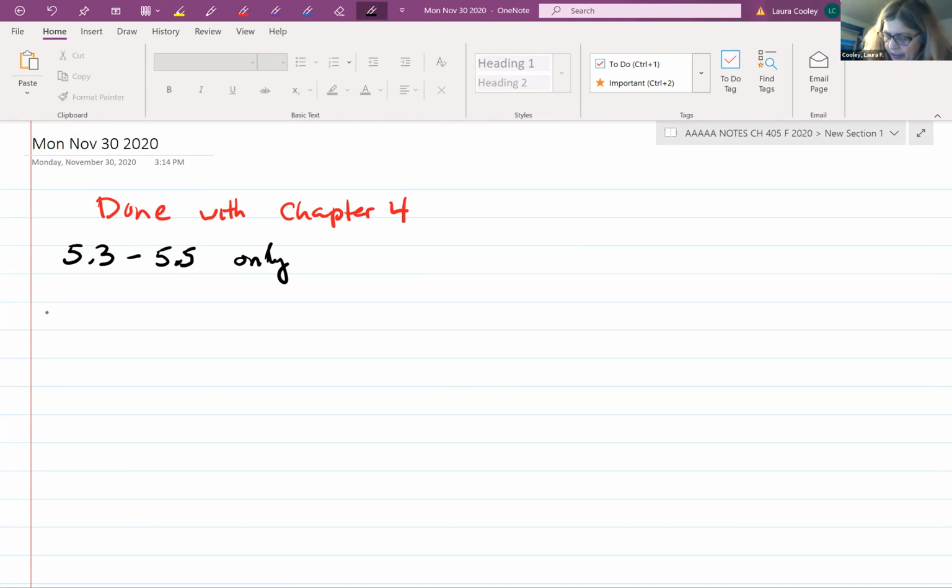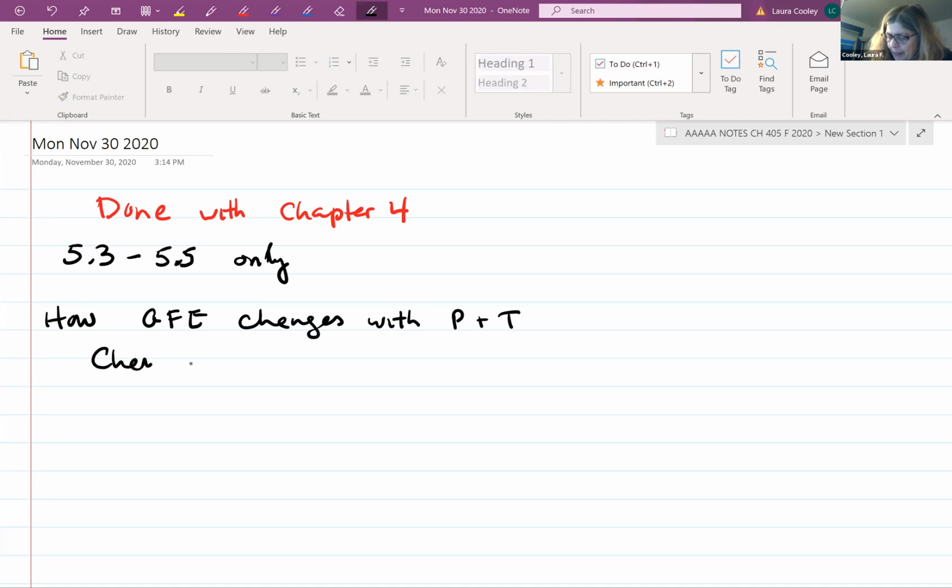And what chapter 5 deals with is how the Gibbs free energy changes with pressure and temperature. Now, how it changes with pressure is actually more important than you might think, because when we do chemical reactions in the gas phase, as the reaction proceeds, the pressures of the different gases change.